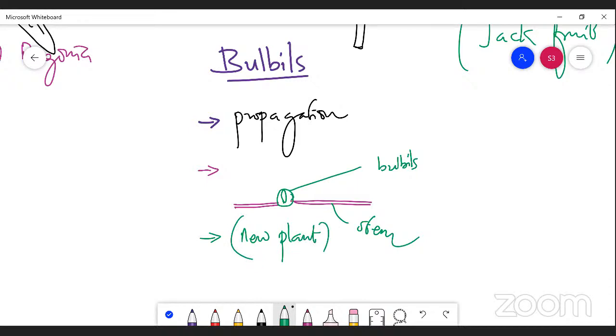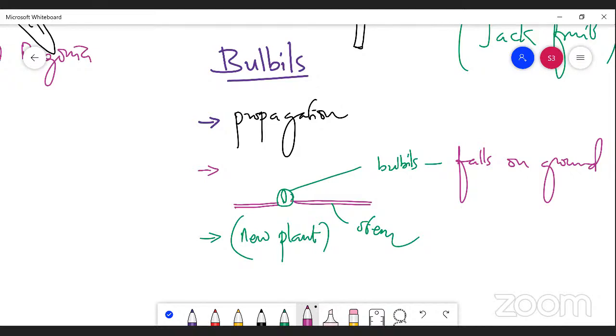Actually, bulbils are modified shoots that arise from the stem portion. It's a globe structure that is meant for the propagation process. Particularly, when the bulbil detaches from the stem, it falls on the ground, on a suitable ground, and germinates into a new plant.